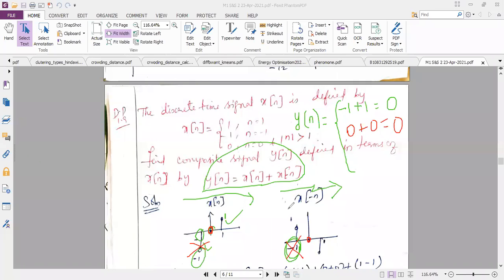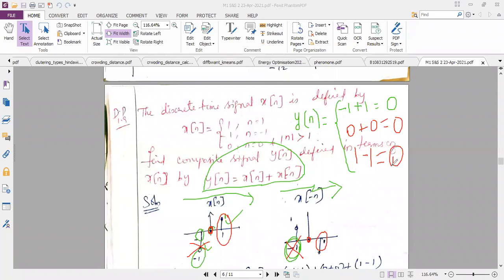Now I have the last sample left out. Now Suhas, tell me the last sample for x of n at n is equal to 1. What is the amplitude? 1, ma'am. Similarly, at n is equal to 1 for x of minus n, what is the amplitude? Minus 1. So if I add 1 plus minus 1, it becomes 0.